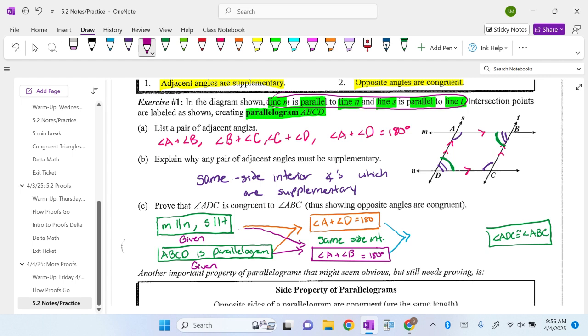Now, given that angle A is the same, that means we can show that angle A is congruent to angle A because of the reflexive property.